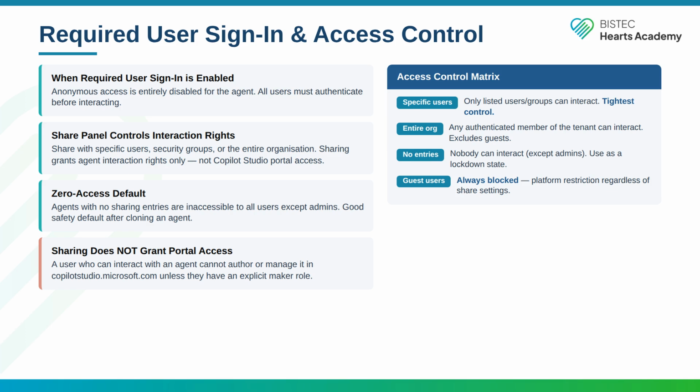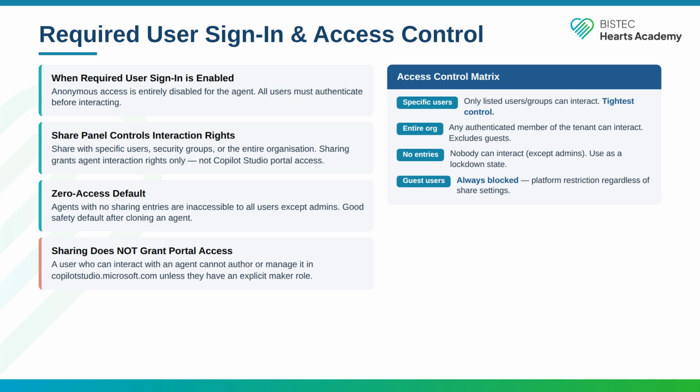The Share panel in Copilot Studio is the access control surface for who can interact with an authenticated agent. Sharing with specific users or security groups means only the listed identities can interact. This is the tightest control and the correct setting for internal agents that should only be accessible to specific teams.